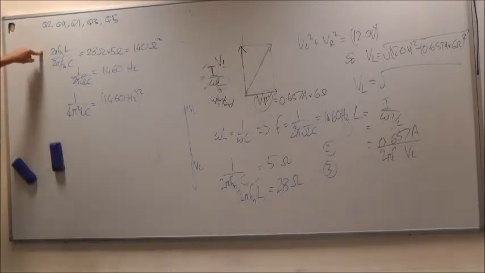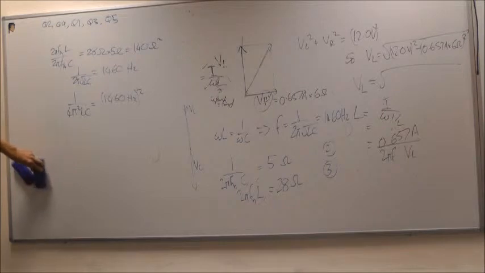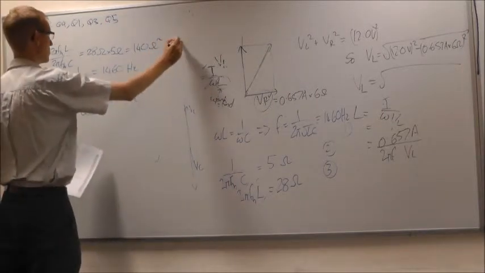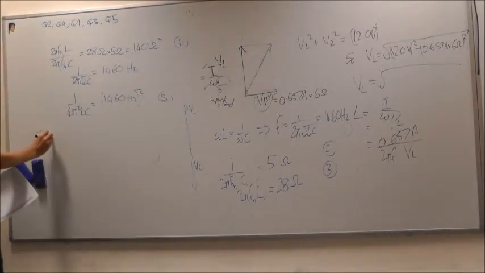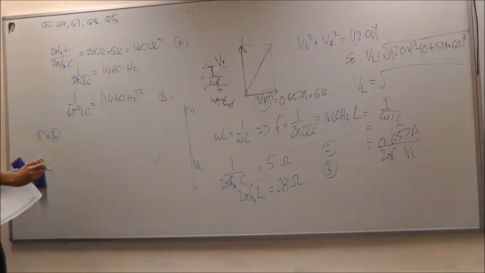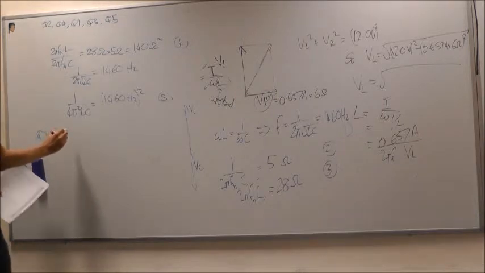Then this one times that one. If I call that equation 4, then equation 5, then 4 times 5, I'm getting rid of L.